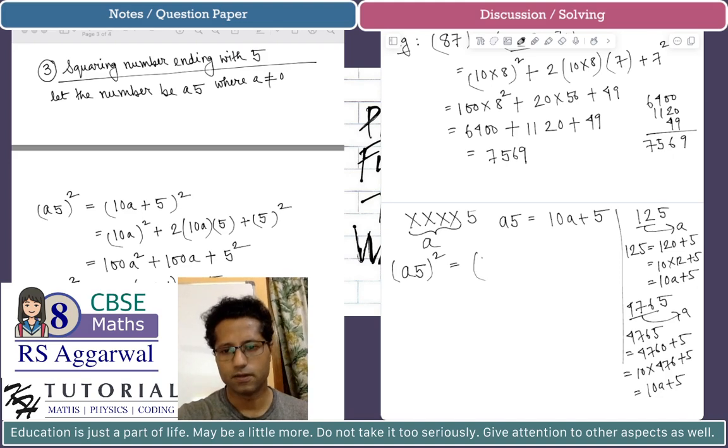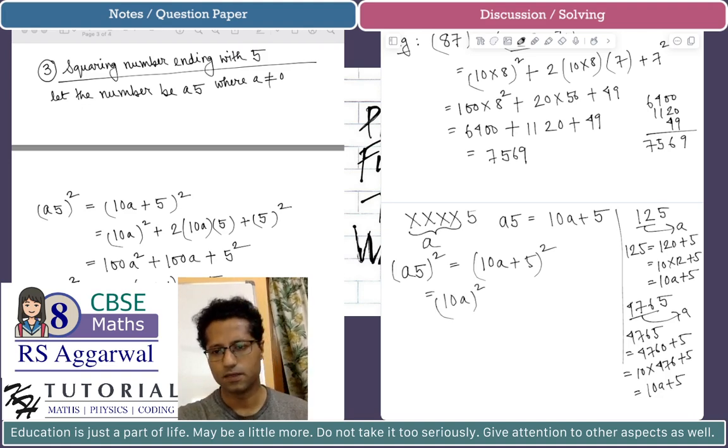So now a5 whole square is 10a plus 5 whole square. Now if I apply the formula of a plus b whole square, in this expression a is 10a and b is 5.